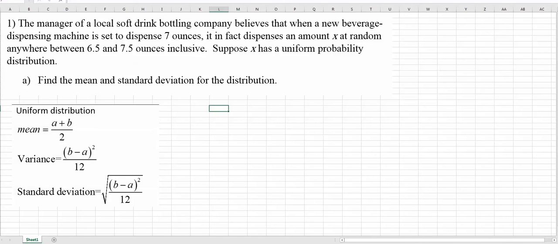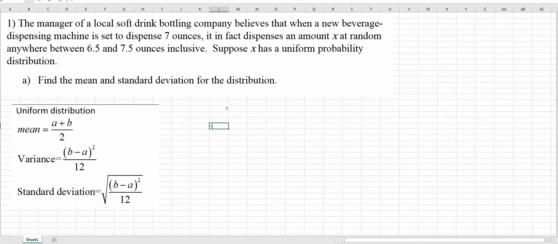So in Excel, I would find a spot, type equals, and add the first and last number together. So parentheses 6.5 plus 7.5, close that, and then divide by 2, which means the mean happens to be 7, which is nice because it's exactly what it says.